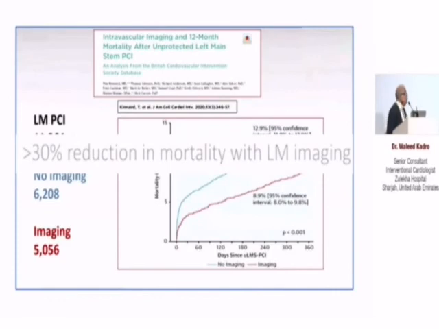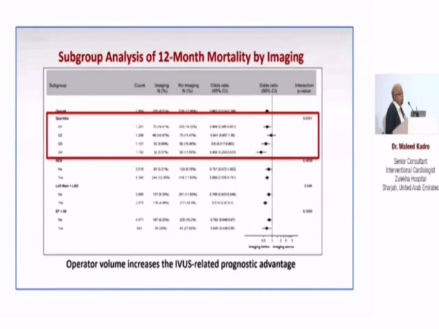So just using IVUS and letting it affect your decision by doing more expansion and more dilation may give you improvement in mortality. And that's reflected also, although we got improvement by using IVUS, but also the best people who are doing more left main intervention and using IVUS got the best result.